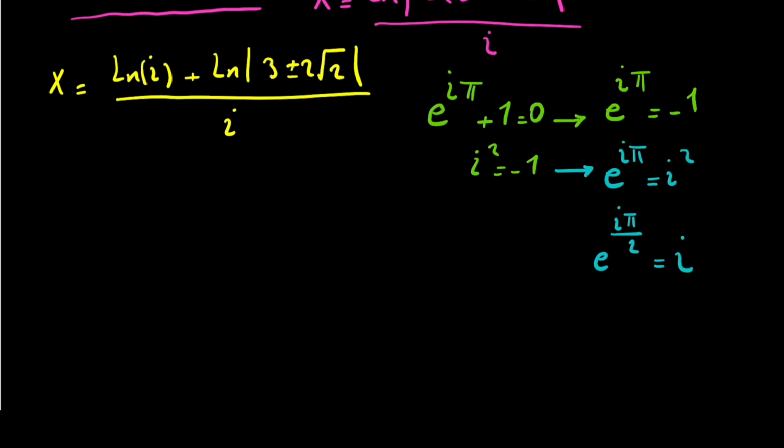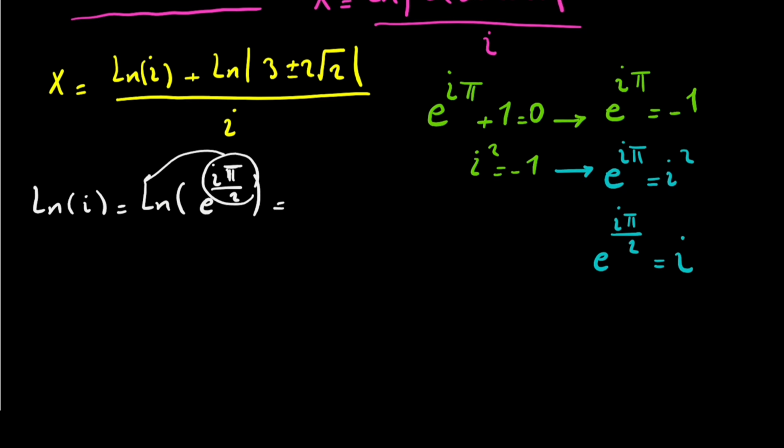Okay, so for ln i, instead of i, you can use ln e to the power of iπ divided by 2. So I told you, you can move this one behind the ln, sorry, in front of the ln.